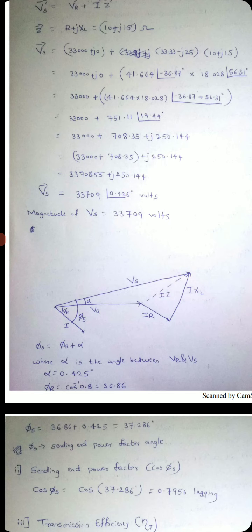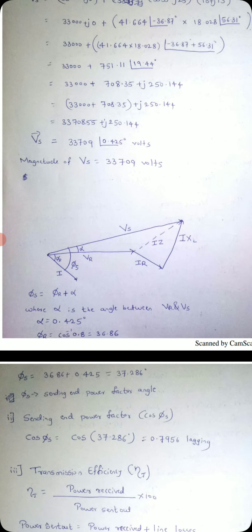To get phi s, we add phi r plus alpha. Phi r is 36.86 and alpha is 0.425, so phi s is 37.286 degrees. The sending end power factor is the cos of this, that is 0.7956.